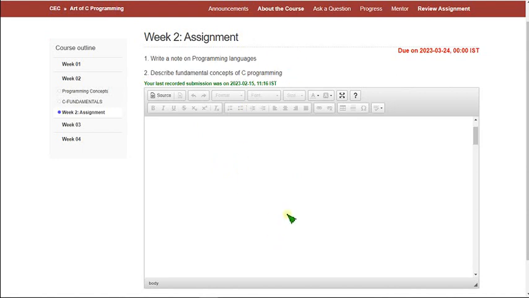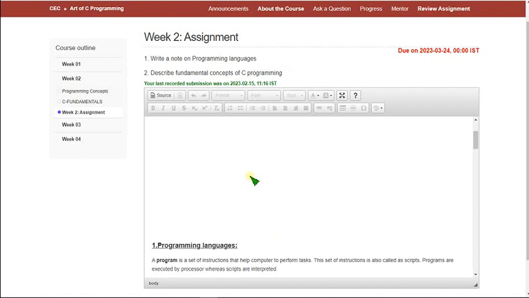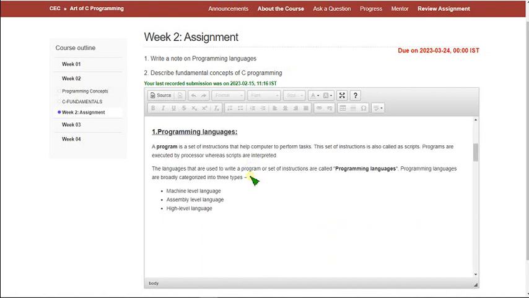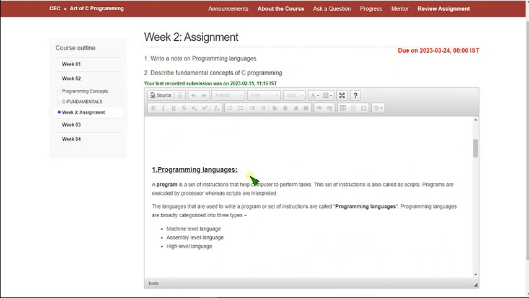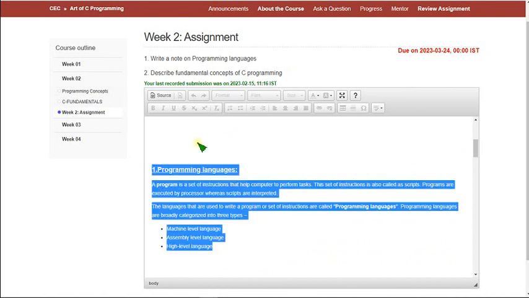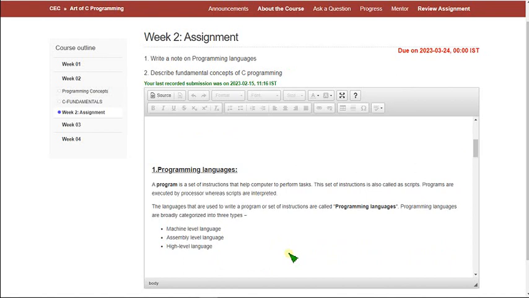So friends, I will give you the content and you can label it as you like according to the constraints. For the first question I will show the content in parts. You can see this and you can write as you like. I am providing the content here, and I will zoom this for you.